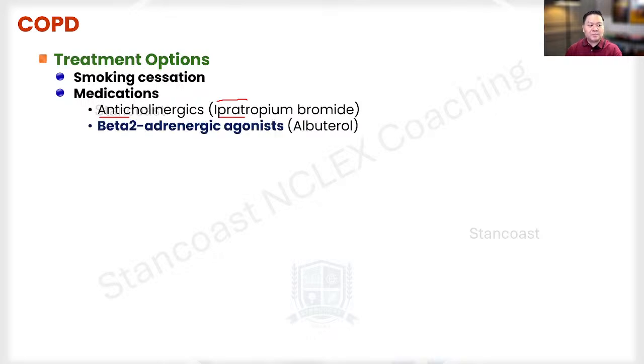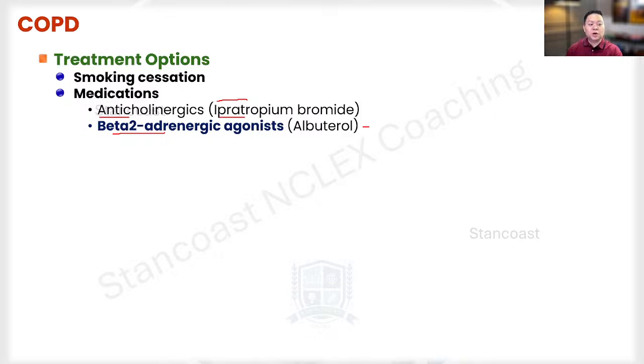Now, talking about the beta 2 adrenergic agonists. Okay, so what is this classification of medication? This is going to cause the relaxation of the beta 2 receptors that are actually found in the smooth muscles of the lungs, the airway. Again, beta 2 adrenergic agonists, and this is represented by our medication albuterol.